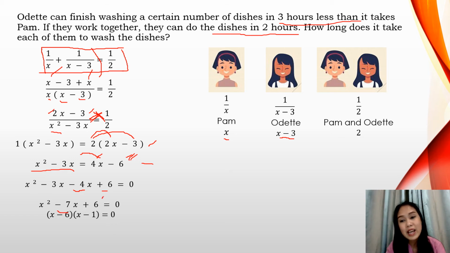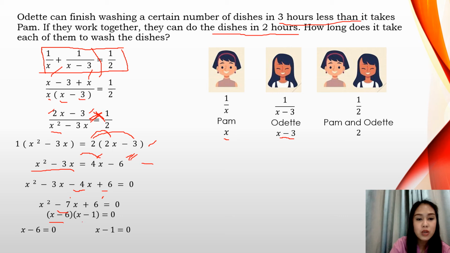And if we add these two numbers, it would give us the middle term, which is negative 7. Since we did factoring, we are going to apply zero property of equality. So that would be x minus 6 equal to 0 for the first factor, and x minus 1 equal to 0 for the second factor. So therefore, we'll have an x value of positive 6 and an x value of positive 1.